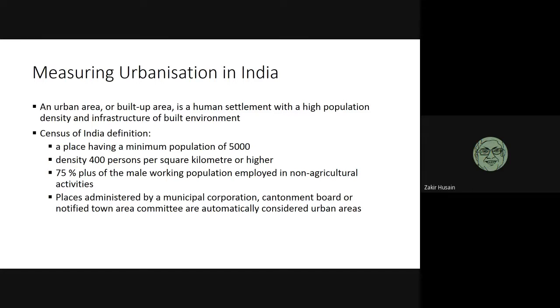That is, the buildings are very close together, the people are residing close together, and the civic facilities are also supposed to be better compared to rural areas.